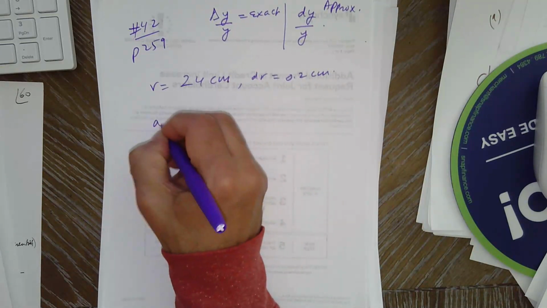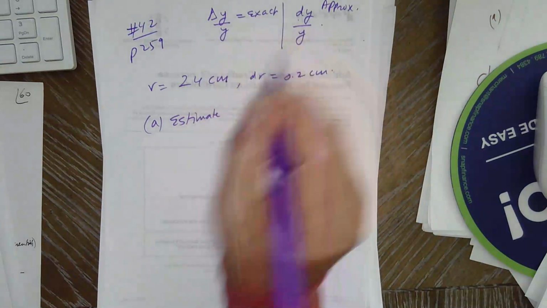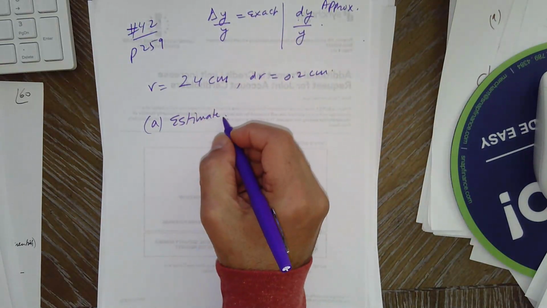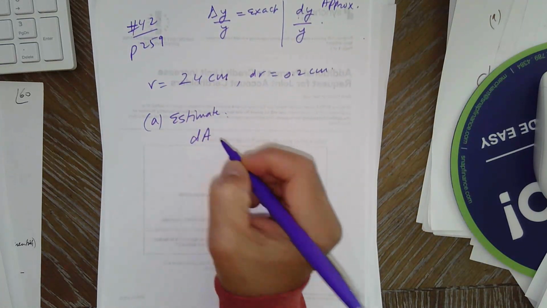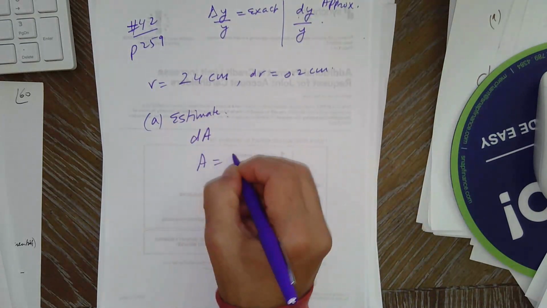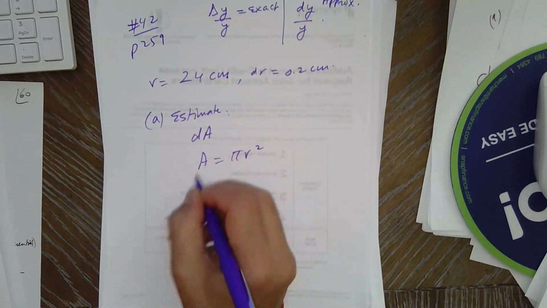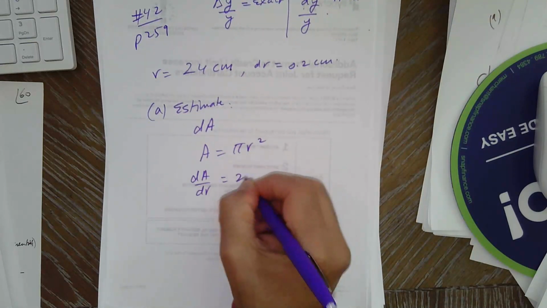And they want estimate. When they say estimate, that means they are looking for d, not delta. So what is it that they want to estimate? The maximum error in the calculated area. So they want dA. Area of a disk. Remember, the formula says A equals what? Pi r squared. So to find dA, we do dA by dr first. It's going to be 2 pi r.